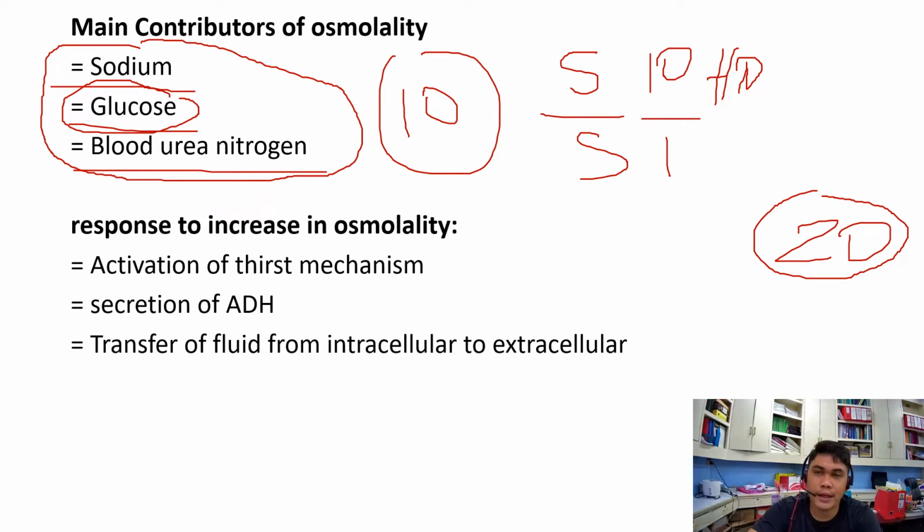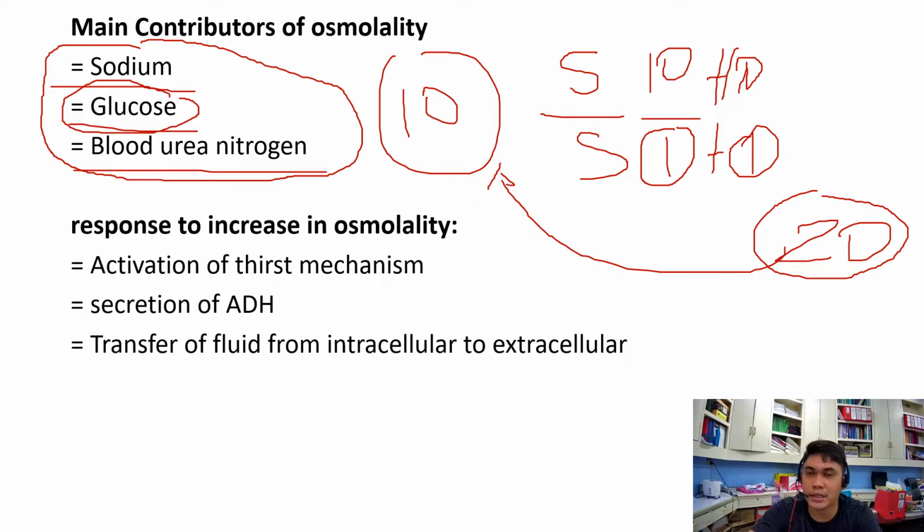Okay. Now, for the body to return to its normal osmolality, the body needs to increase the volume of plasma. So we're going to add 1 liter, so that it will return to 10.